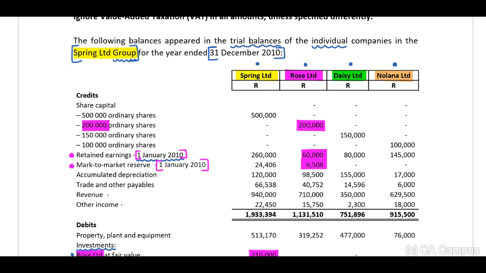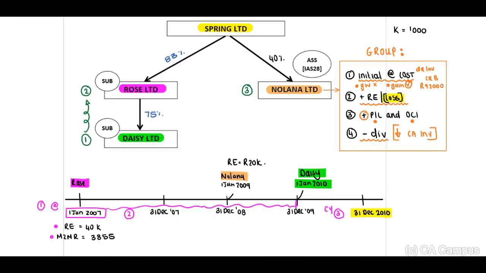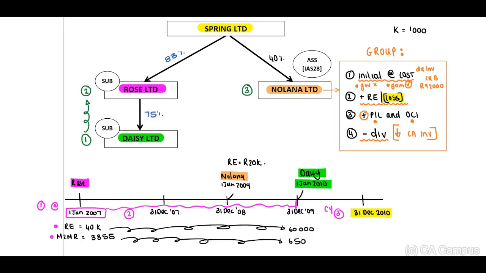Therefore, on our timeline, our structure, the retained earnings moved from 40,000 to 60,000, and the mark to market reserve moved from 3855 to an amount of 6508.